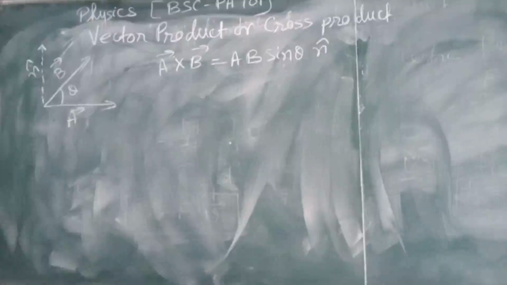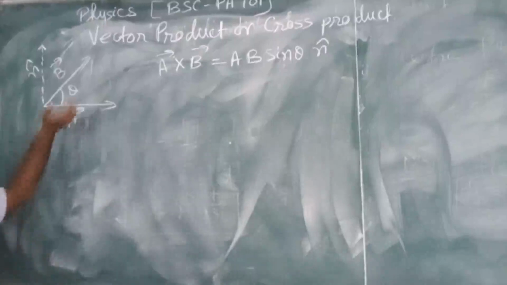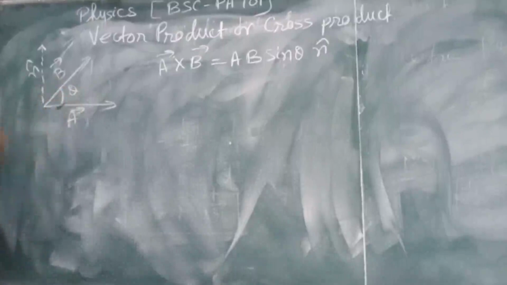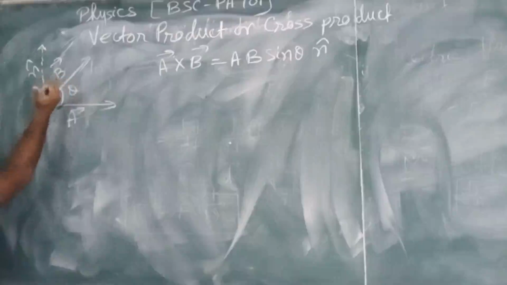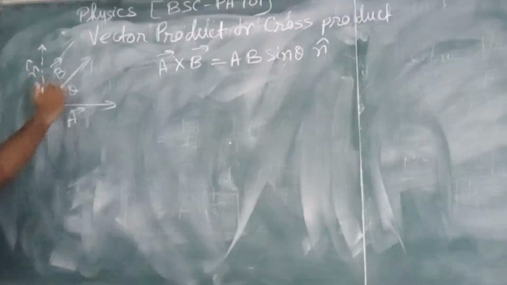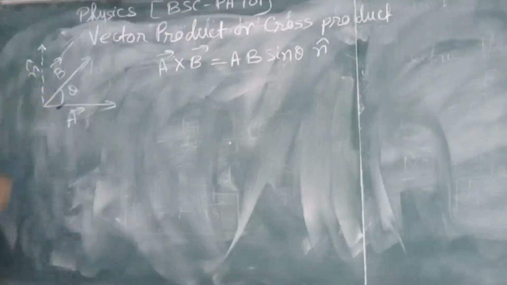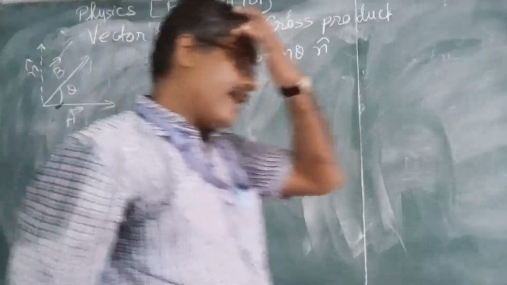So what is the right hand thumb rule? A cross B: if we put all the fingers from A to B, then the thumb denotes the direction of the resultant. But if we take B cross A, then it goes in the downward direction, because now the fingers go from B to A. So that is known as the right hand thumb rule.